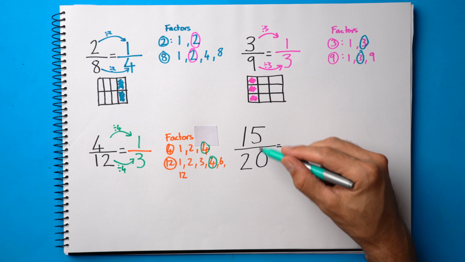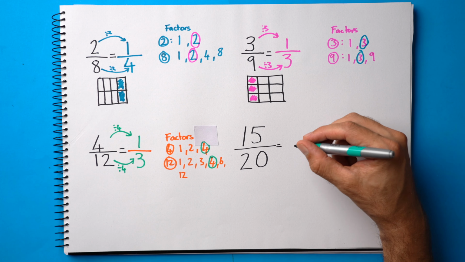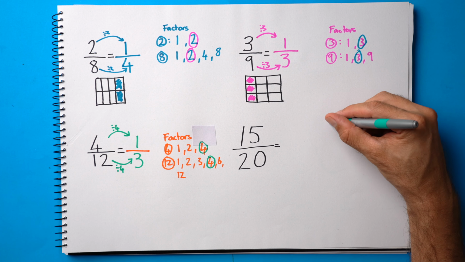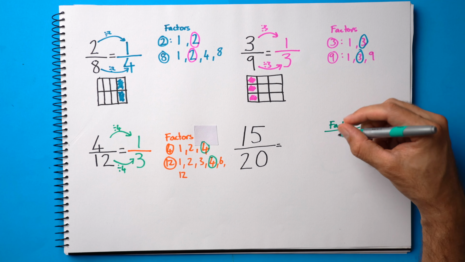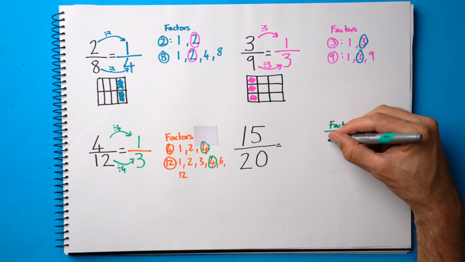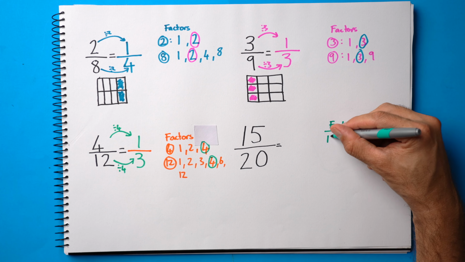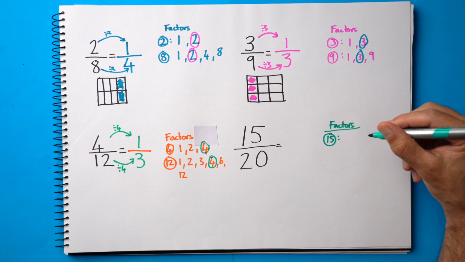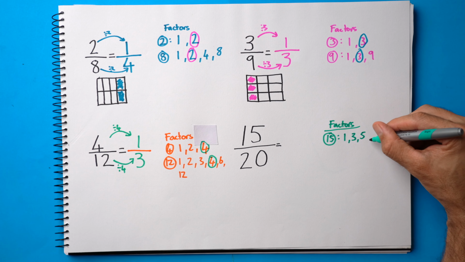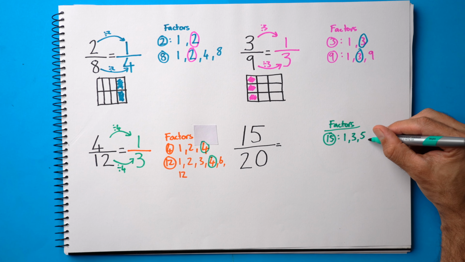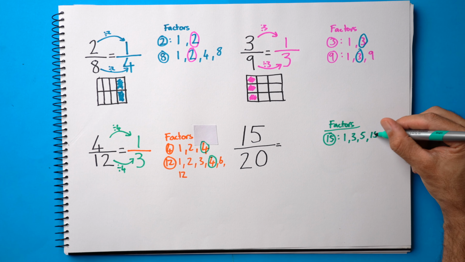The last one, 15/20. All right, so I can do my search for factors. And first of all, I'm going to do it for 15. So my factors of 15 are going to be 1, not 2, 3, 5, and that's it, and 15.